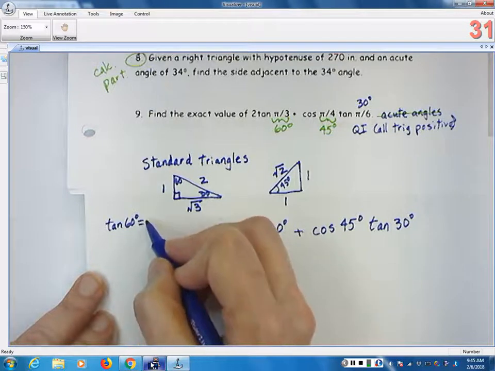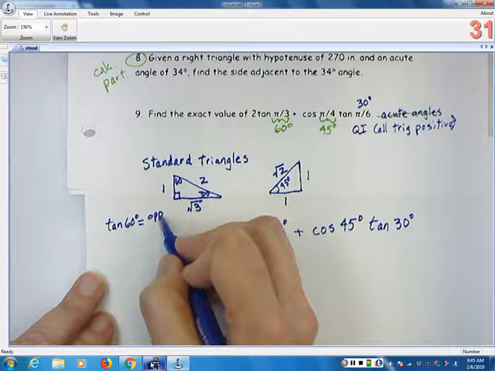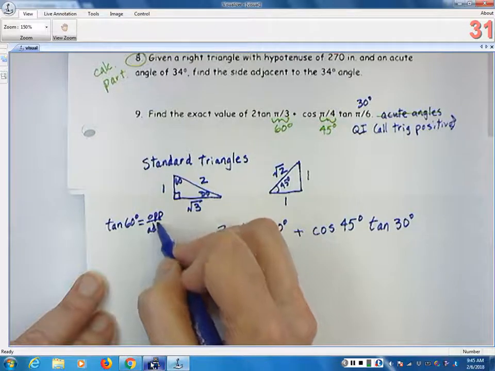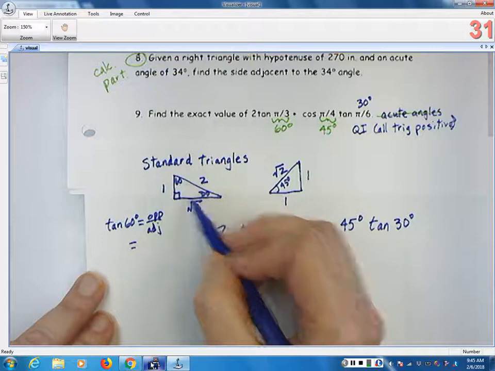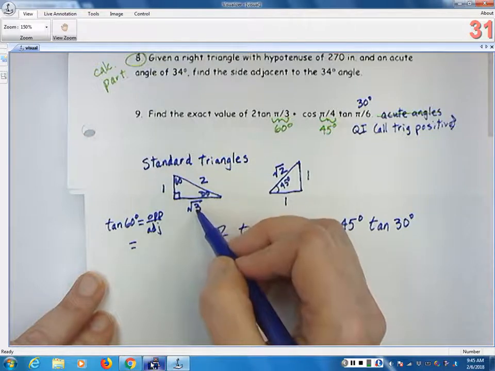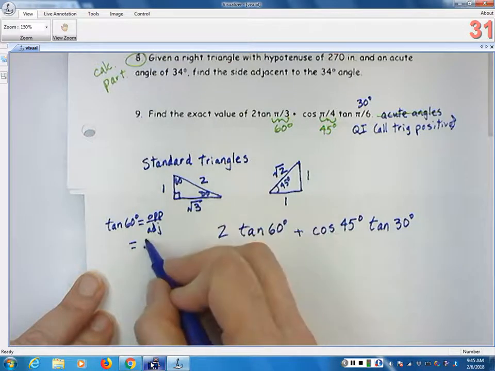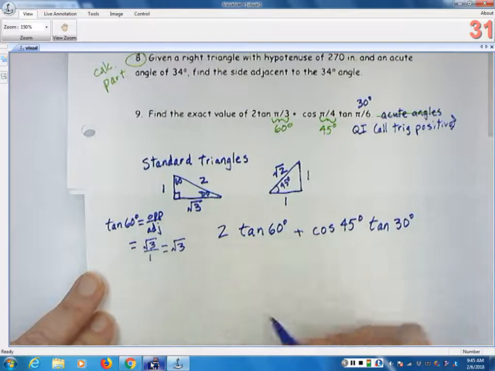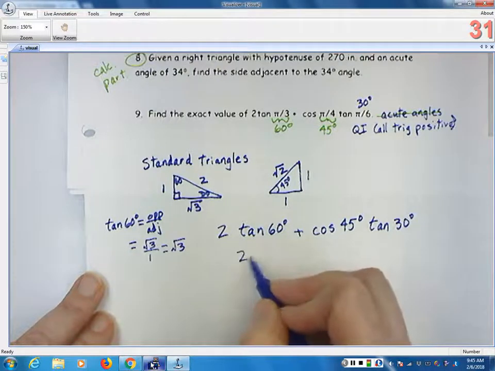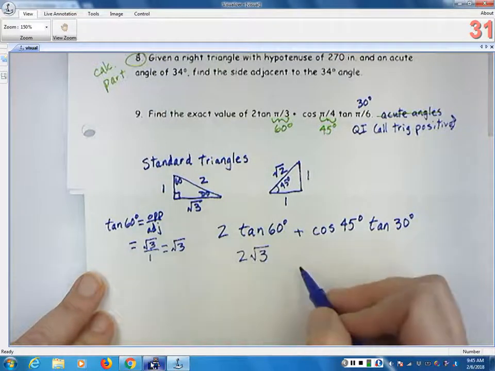It's opposite over adjacent from this triangle. Opposite is square root of 3, adjacent is 1, so square root of 3. So this is going to be 2 times square root of 3.